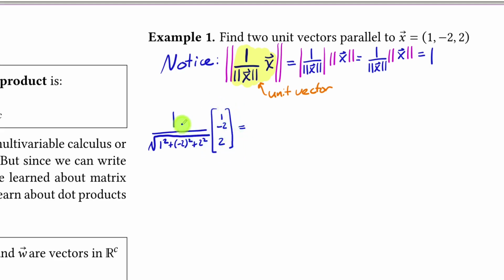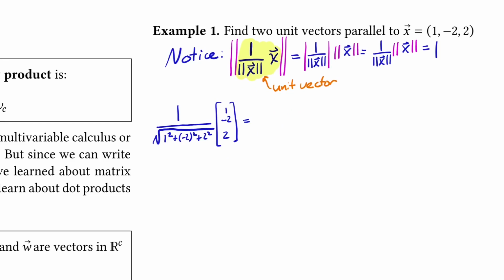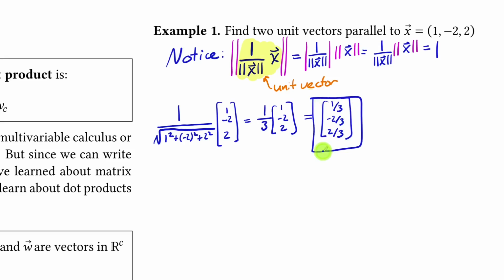This all comes out to be 1 over the square root of 9, also known as 1/3. So that gives you the vector 1/3, negative 2/3, and 2/3. That is one unit vector.